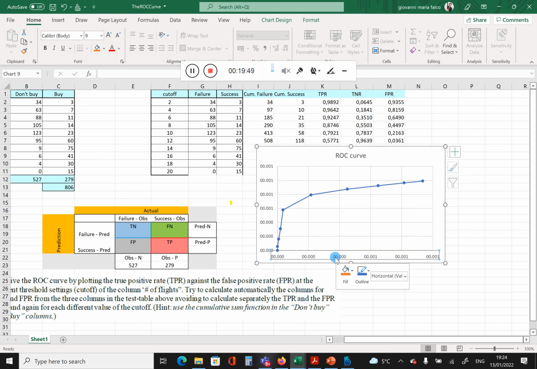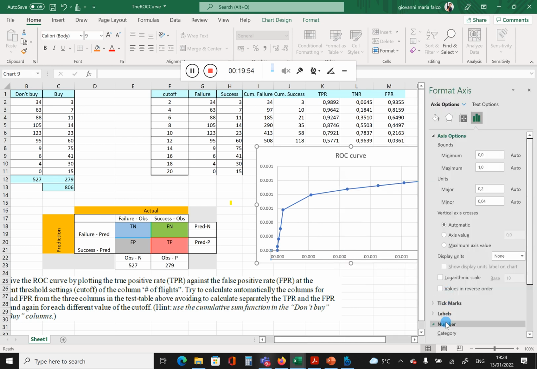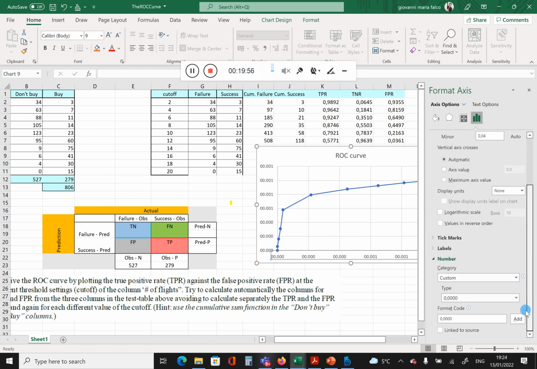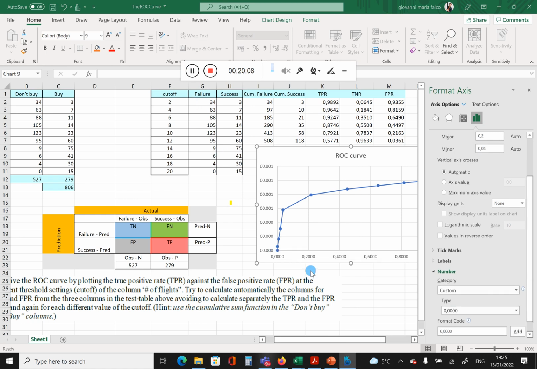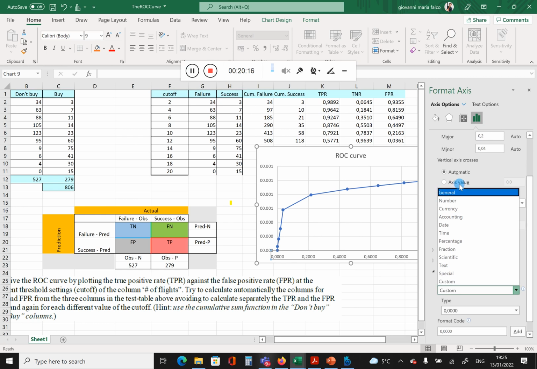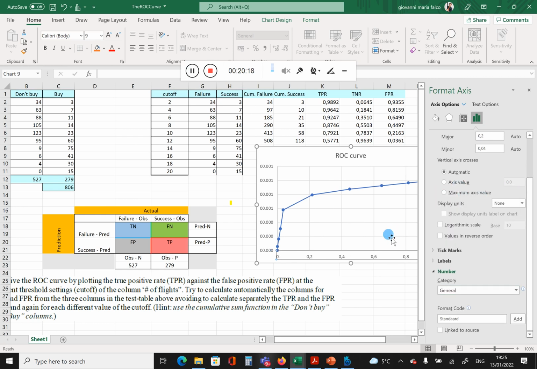I go to format axis, then number, and the category is custom. This seems very strange, so I take the option general, and I get the usual numbers from 0.